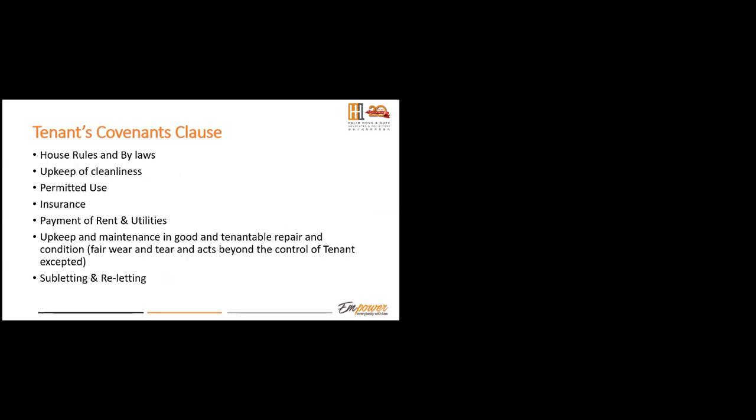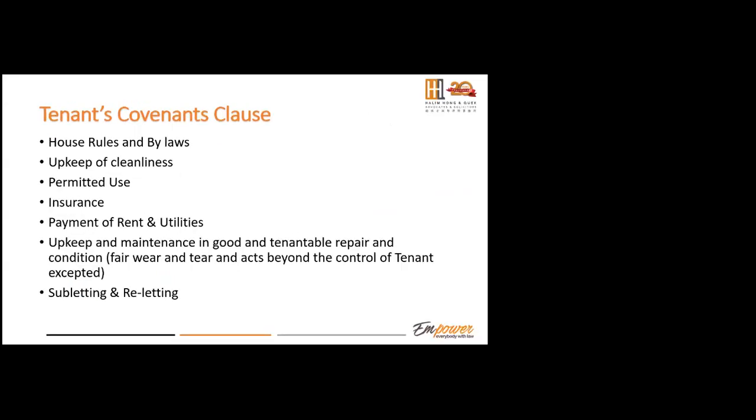Next, the tenant's covenants clause. What should tenants do, and what should they not do? Simple and straightforward: house rules or bylaws, upkeep of cleanliness, permitted use, insurance. For insurance, you need to take note of these clauses.